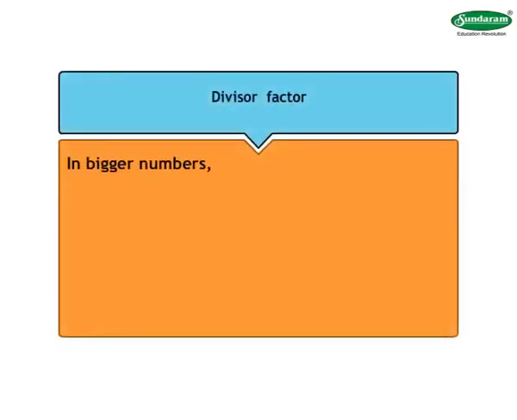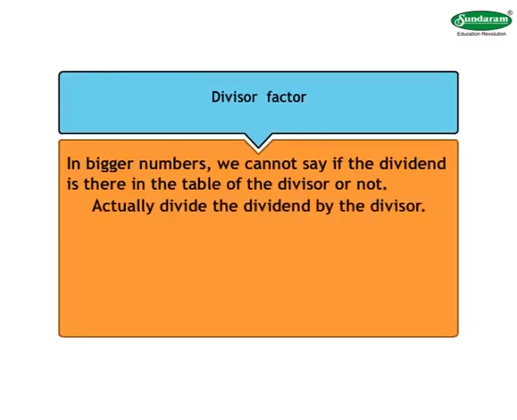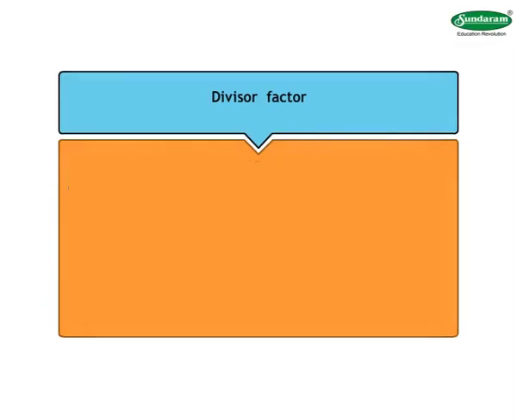In bigger numbers, we cannot say if the dividend is there in the table of the divisor or not. Then we have to actually divide the dividend by the divisor to find out if the divisor is a factor or not. Say for example, is 3 a factor of 42? Let us divide to find out.